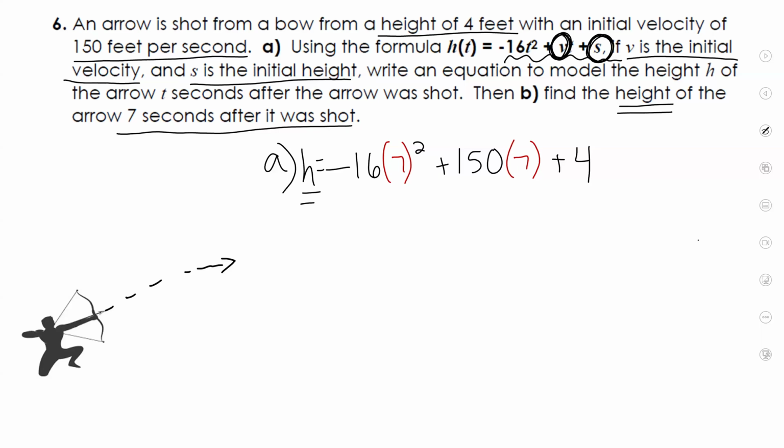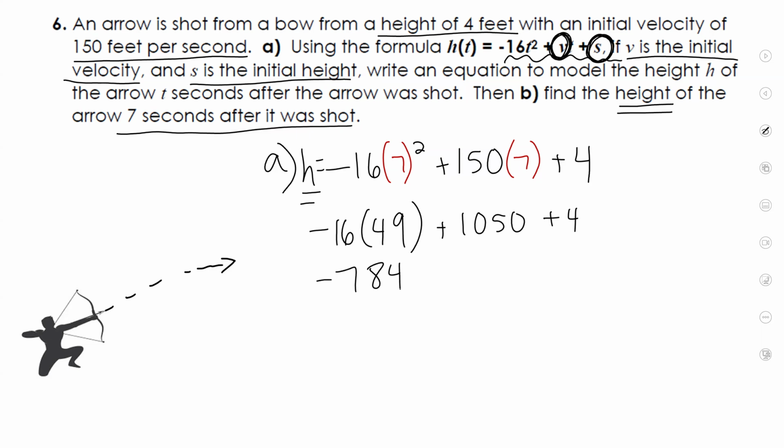All right, good job, guys. You should have gotten 7 squared is 49. 150 times 7 is 1,050, and then a plus 4. 49 times a negative 16. What did you guys get? Negative 784.